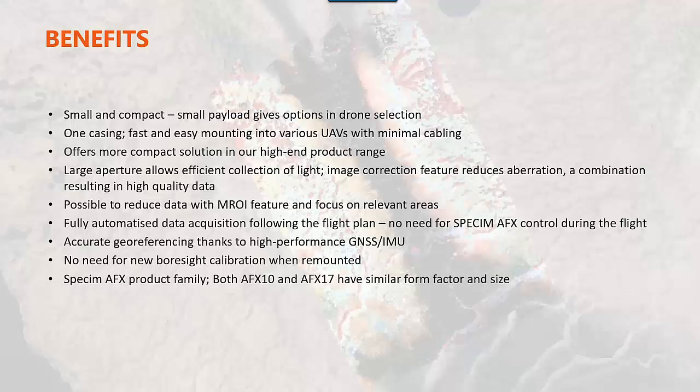And as mentioned earlier, we have a large numerical aperture which allows the efficient collection of light. Sometimes that means more aberrations in the image. However, we have the image enhancement algorithm inside the camera which reduces any aberrations, and the combination of large aperture and the correction algorithm results in high quality data.